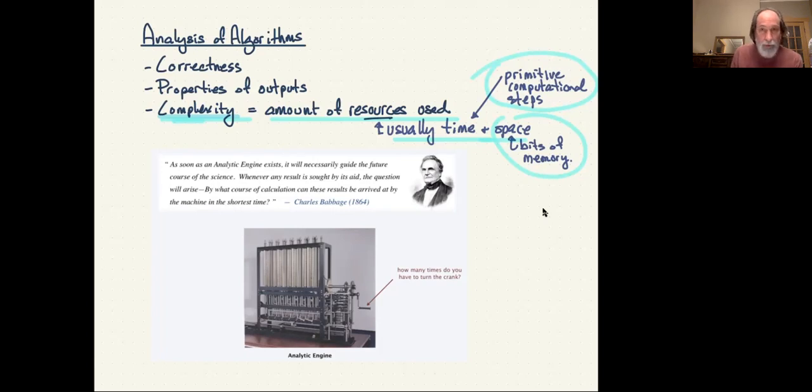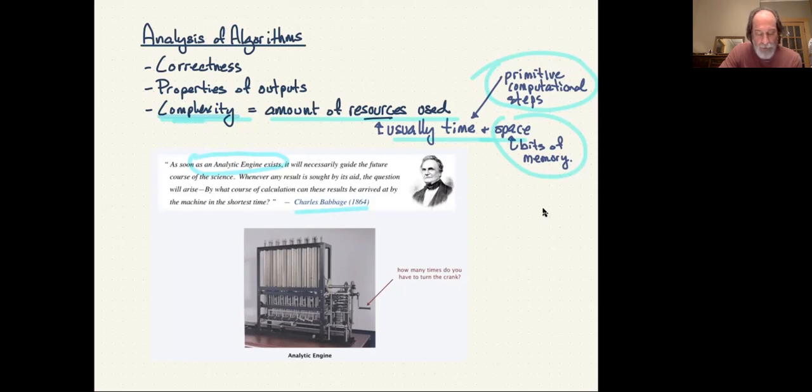The first design of a machine that's a universal computational machine, can compute every computable function, as far as I know, was by Charles Babbage, a thing he called his analytic engine. And he said as soon as an analytic engine exists, he never managed to actually complete building one, it will necessarily guide the future course of the science.